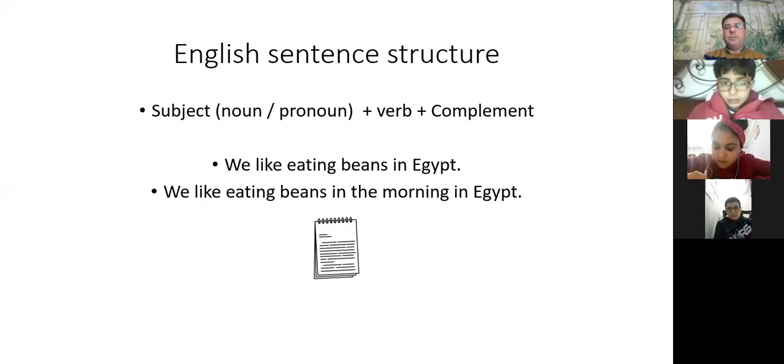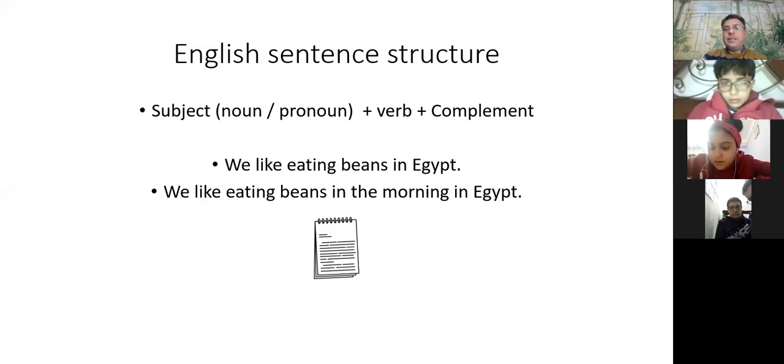We start with a noun or pronoun, then the verb, and after that we can put any complement we want. For example, we like eating beans in Egypt. We is the subject, like is the verb, and eating beans in Egypt is the complement.